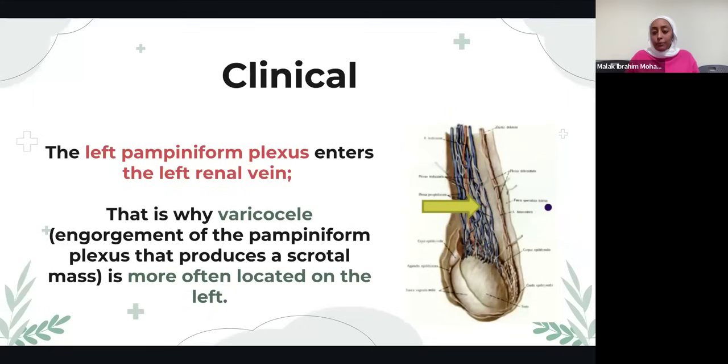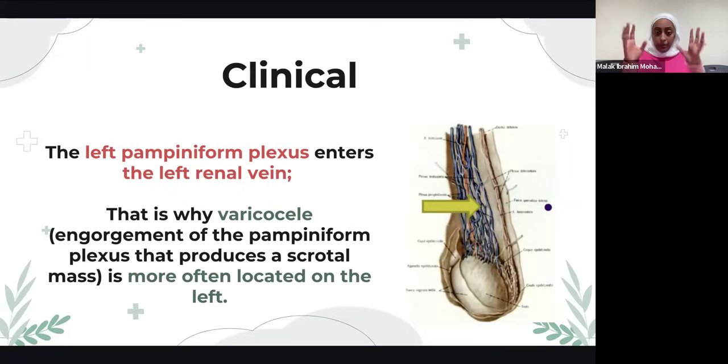Okay, and why is this important? Why should you know this? Because usually in OSPE, they'll ask you, for example, where does this drain? And they might ask you what the clinical significance of this is. You have to know that the left gonadal vein, which is the left testicular vein, has something called the pampiniform plexus. We said it will drain into the left renal vein and then to the inferior vena cava.